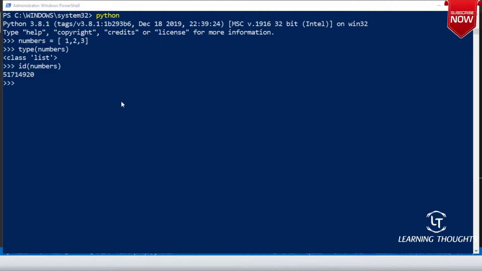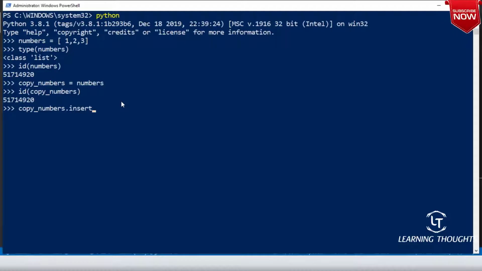Now let me try to do a very simple thing. I will type copy_numbers is equal to numbers. Is this also new to us? Now what I would try to do is copy_numbers dot insert.